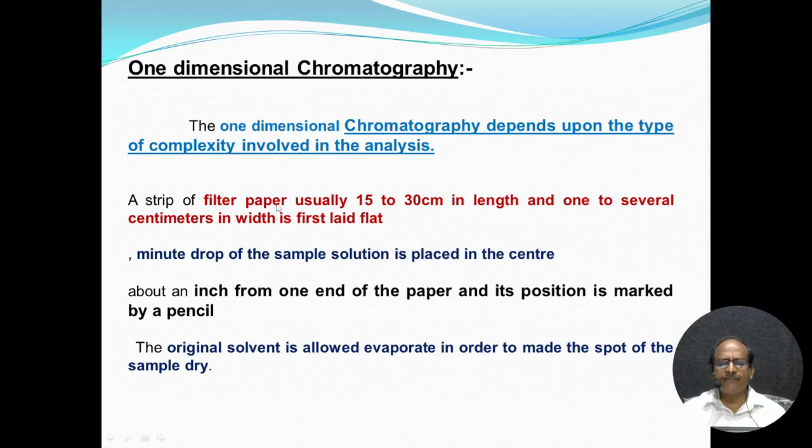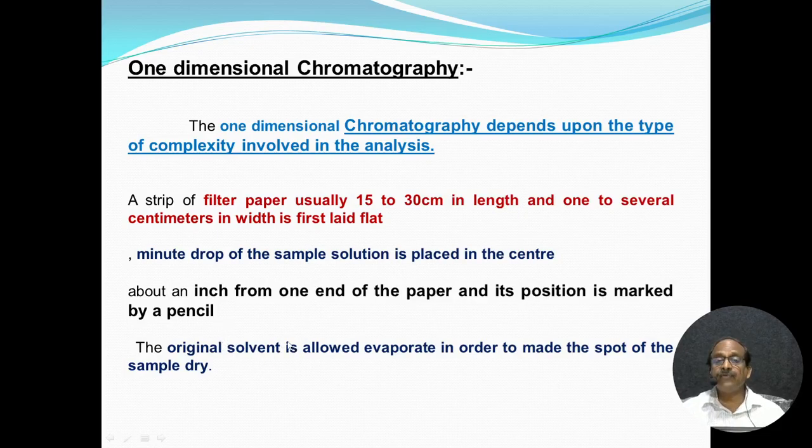Suppose you take a filter paper, usually 15 to 30 centimeters in length and 1 to several centimeters in width, laid flat. A minute drop of the sample solution is placed at the center of the baseline, 1 inch from one end of the paper, and its position is marked with a lead pencil.